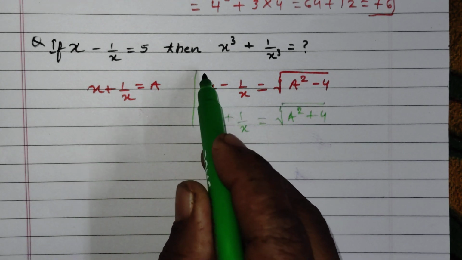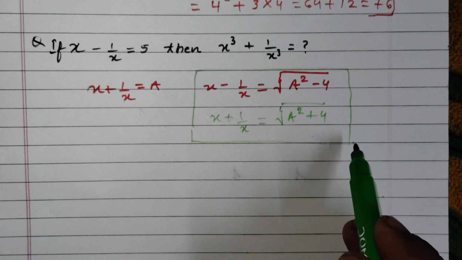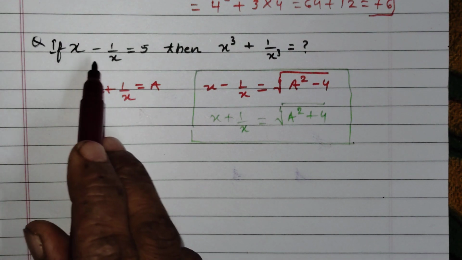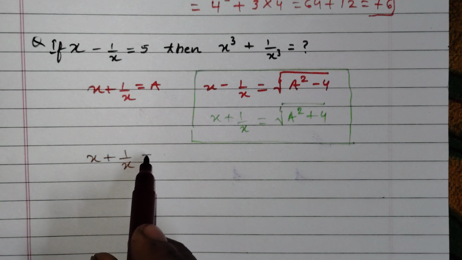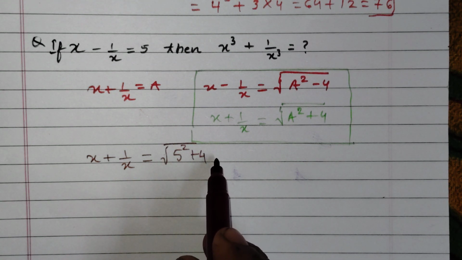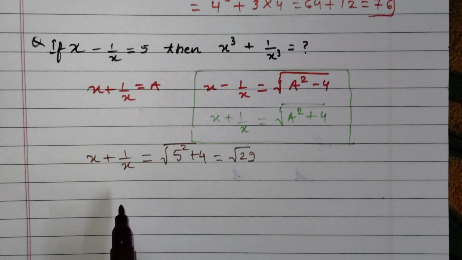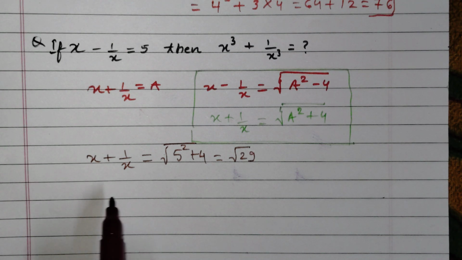So this identity gives us the conversion of the given equation. So x plus 1 upon x is equal to square root of 5 square plus 4. 5 square is 25, 25 plus 4 gives us square root 29. After finding x plus 1 upon x, now we can use our x cube plus 1 upon x cube identity.